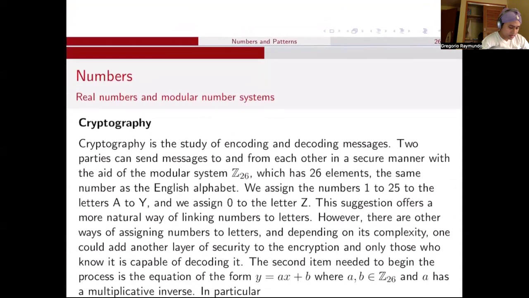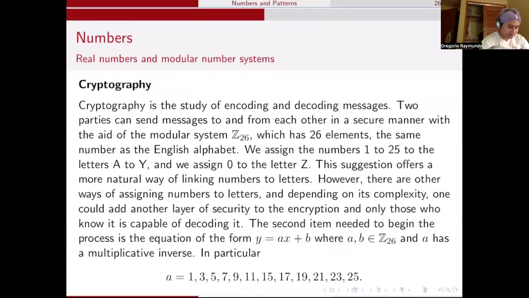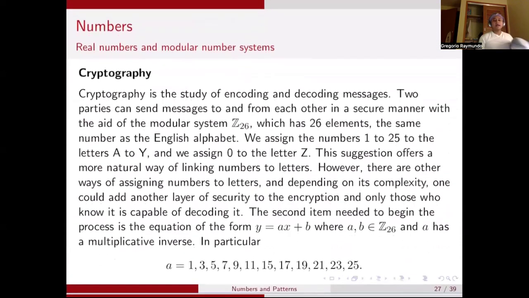So, saan ang gamit ng mga to? So, ang isang gamit nila is cryptography. Cryptography is a study of encoding and decoding messages. Two parties can send messages to and from each other in a secure manner with the aid of the modular system Z26.